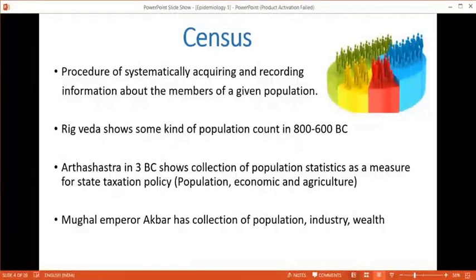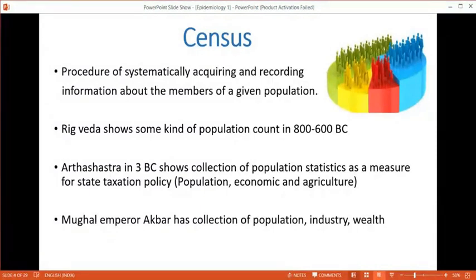Basically, those days it was done to have a taxation policy, how much tax to be collected from the population or the general public. That is why the numbering was done. They have gone around seeing how much agriculture was happening, what was the income among the population, and then they had a record of it.